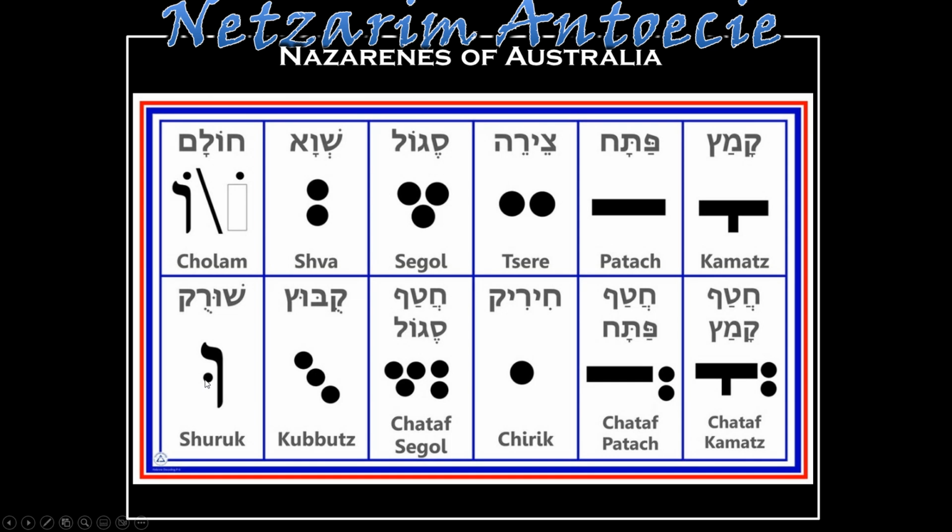Then we have shuruk, that's the U sound. And then we have kubutz, like a longer U sound. Then we have a combination of shva and segol. It's called chataf segol, where after the syllable break we get an E sound. Then we have chirik, the I sound, chataf patach, that's the short A again, and then we have chataf kamatz, a longer A sound.